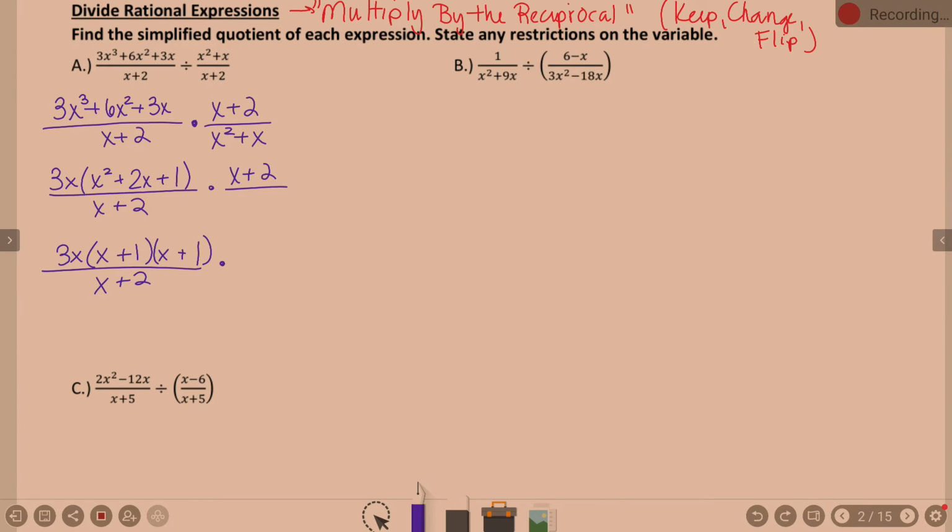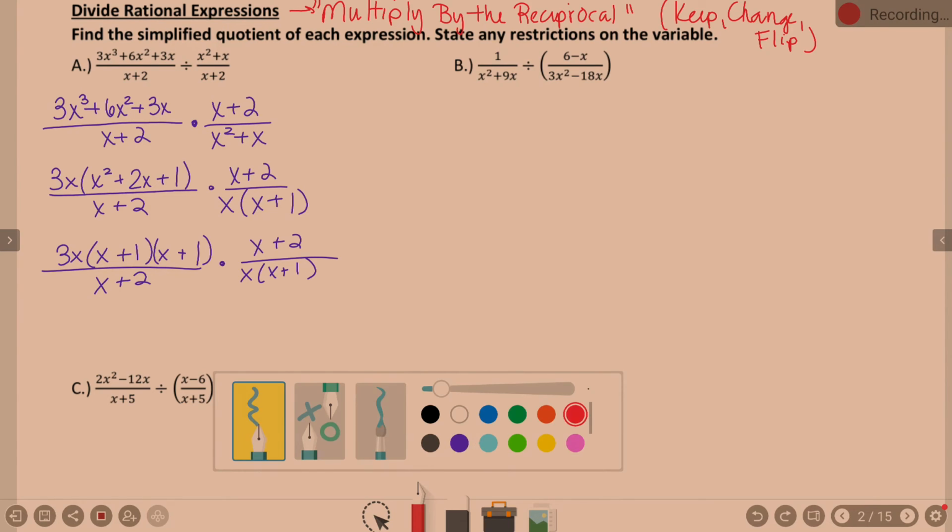You divide by x. So if I factor out a GCF of x, x squared divided by x leaves me with x, plus x divided by x leaves me with 1. So for this second fraction, I have x plus 2 over x plus 1.